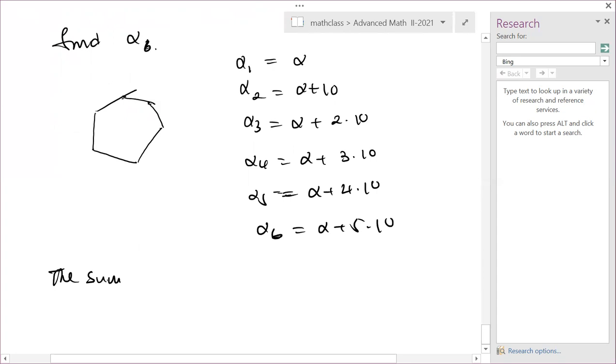Now the sum. The sum is alpha 1 plus alpha 2 up to alpha 6. Add them together and you have 6 alpha. And how can I add all the rest together? Well, you have 1 plus 2 plus 3 plus 4 plus 5, times 10 degrees.